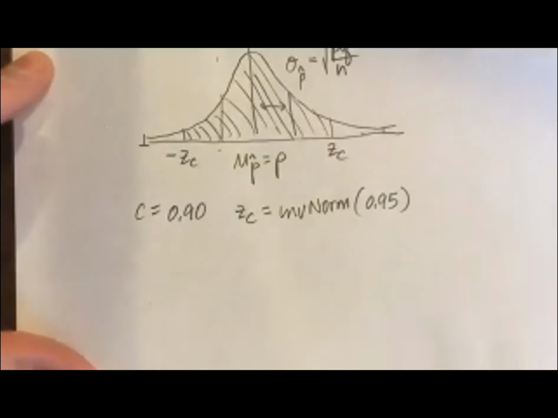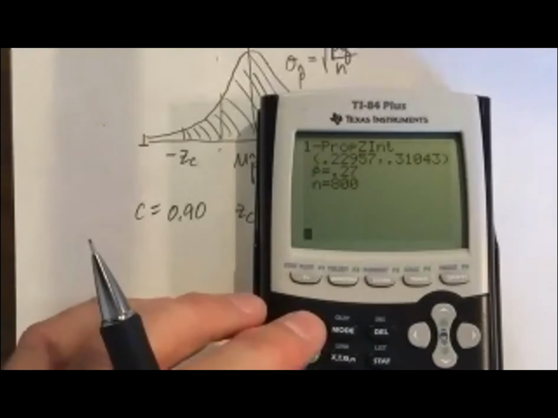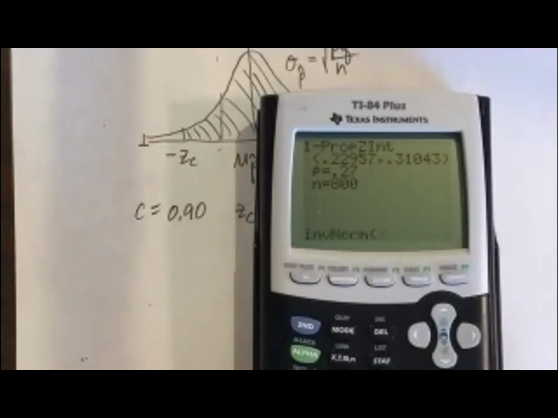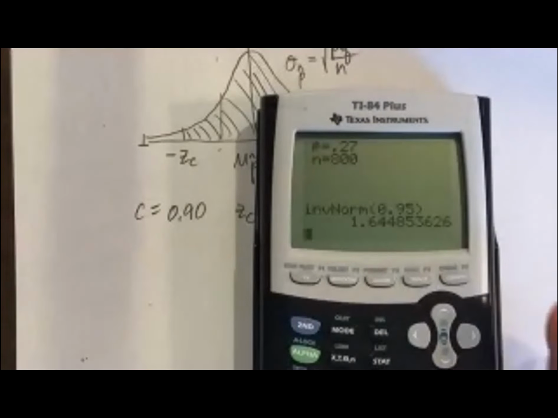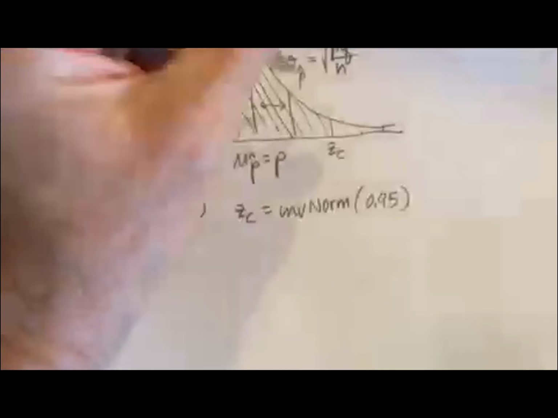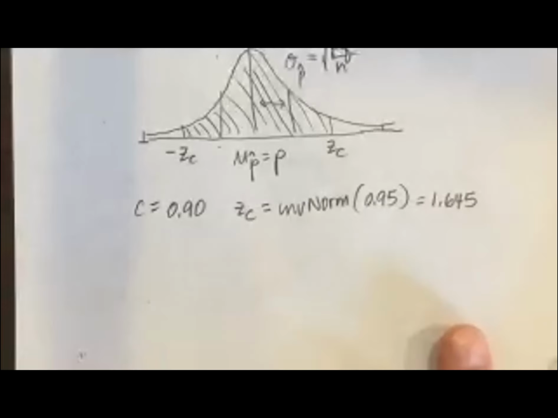So if we look that up using the calculator, we're going to say distribution, inverse normal, and we're going to look up 95%. Yep, 95%. And we're going to get 1.645. So this is the same value that we got in the last 2 sections for our critical value.